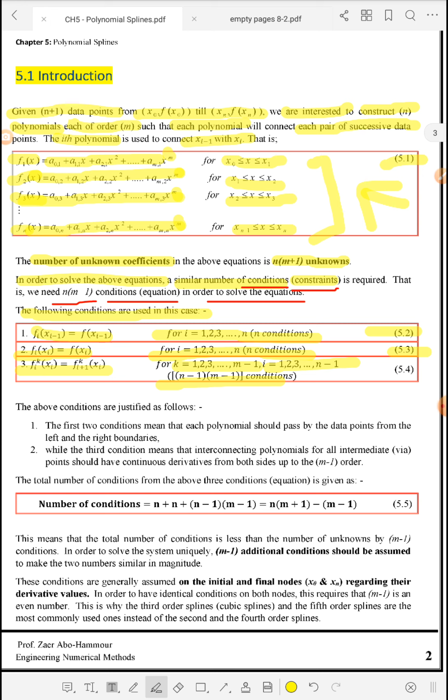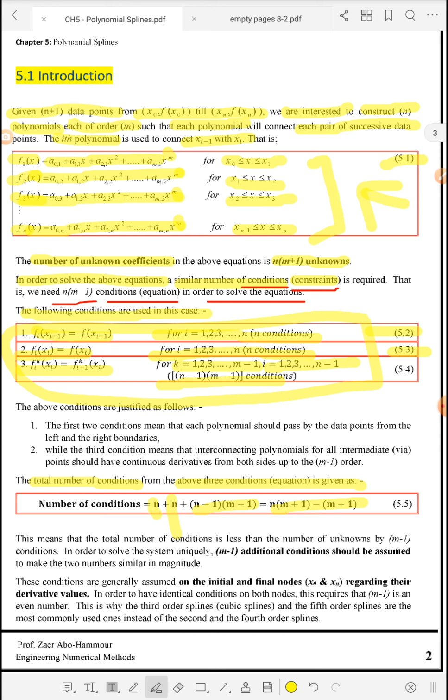Okay? So what is the total number of conditions from the above three conditions as given in those equations? It will be n from the first, n from the second, and n minus 1 multiplied by m minus 1 from the third. If we sum all of those, we will get this: n multiplied by m plus 1 minus m minus 1.